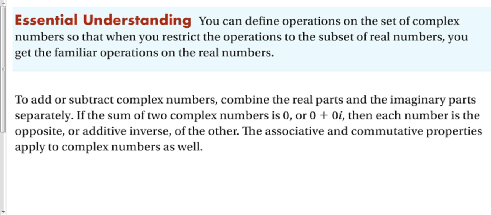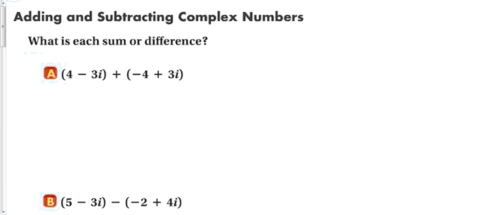If the sum of two complex numbers is 0, or 0 plus 0i, then each number is the opposite, or additive inverse, of the other. The associative and commutative properties apply to complex numbers as well. So all the rules of addition and subtraction, multiplication and division that we know how to use apply to these numbers as well. Just got to be careful because they're going to have an i in them.